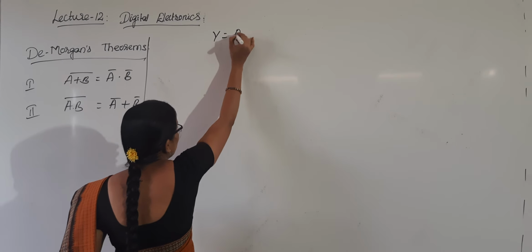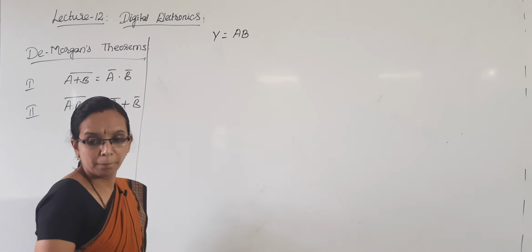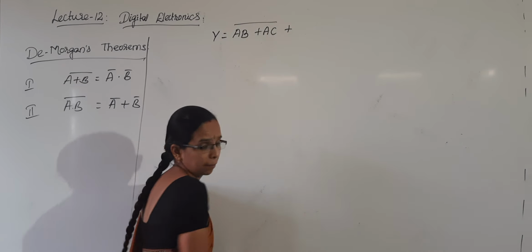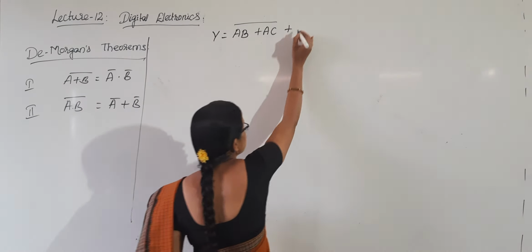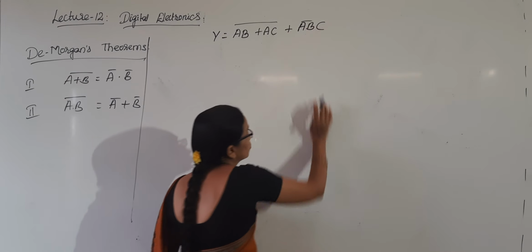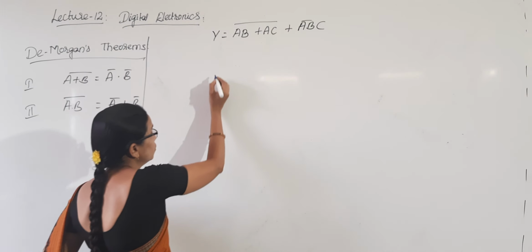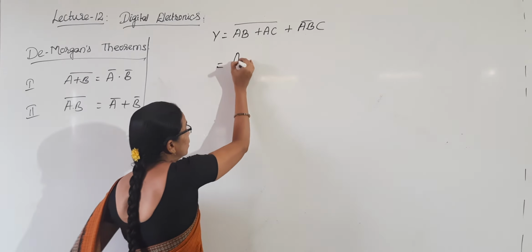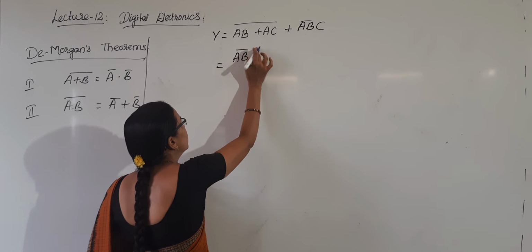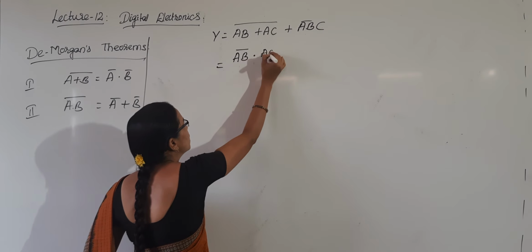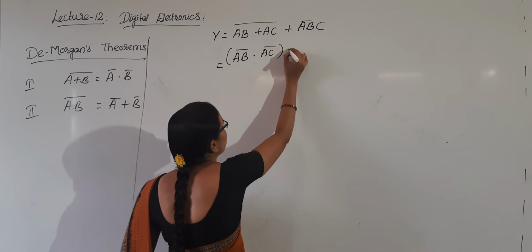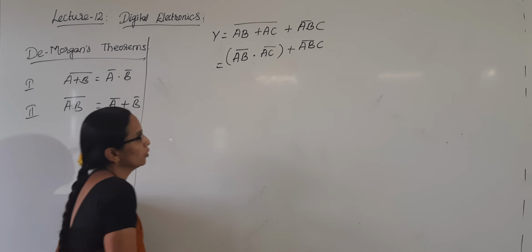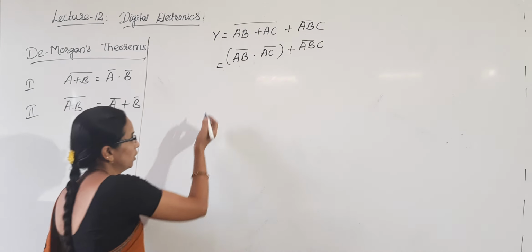Y is equal to (AB plus AC) whole bar plus AB bar C. Okay. So, here I will split this: AB bar dot AC bar plus (AB) whole bar C. You can split there only if you want, it's okay.